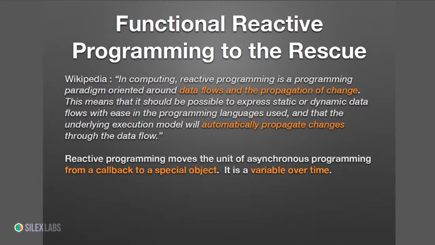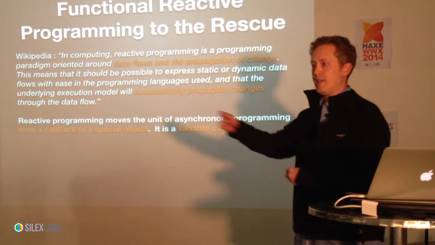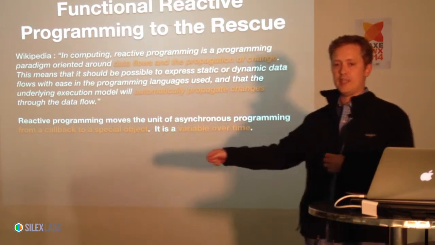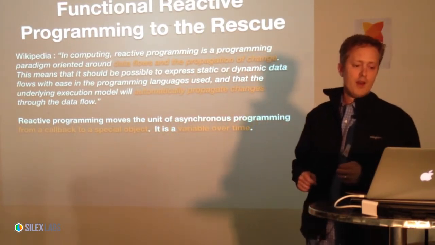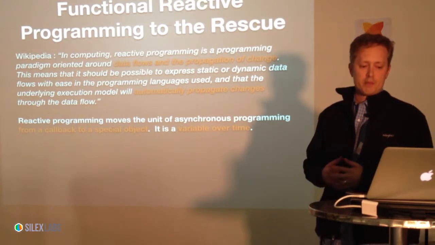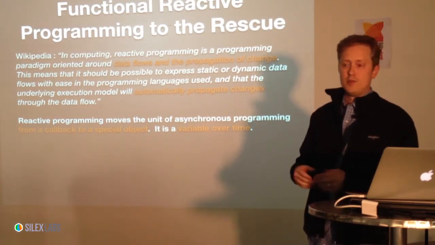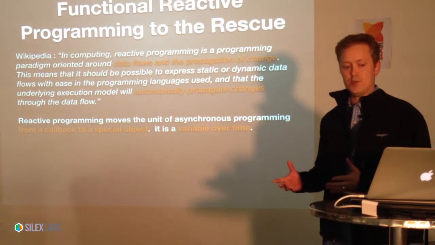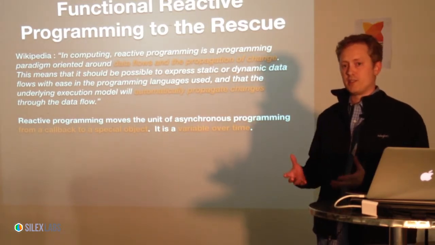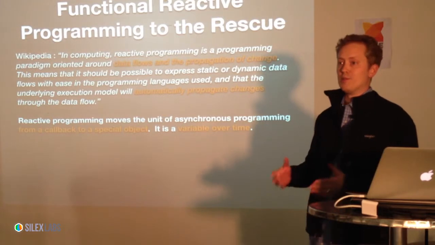So you want to lay out a scheme for the data to flow through, and then whenever you get an update, you want to trigger the next process that needs to run. So reactive programming moves the unit of asynchronous programming from a callback to this special object that we're going to use. And this special object is really best understood as a variable over time.